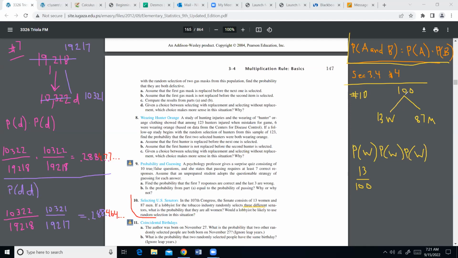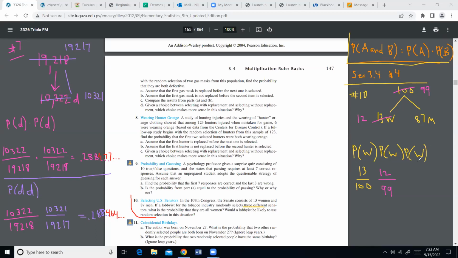So once you selected one of these people, 99 will remain for you to select the second one, right? Because you cannot touch the first one you already selected. So 12 women will remain because 1 woman is gone. So we have only 12 remaining. So that's the next one.